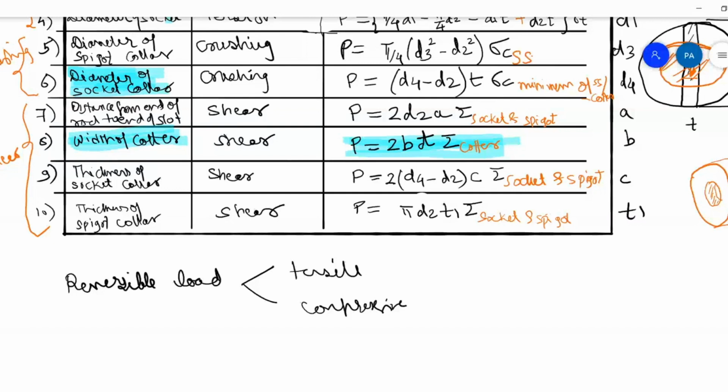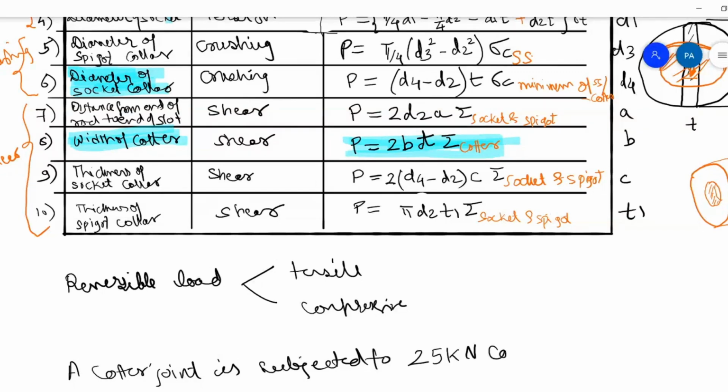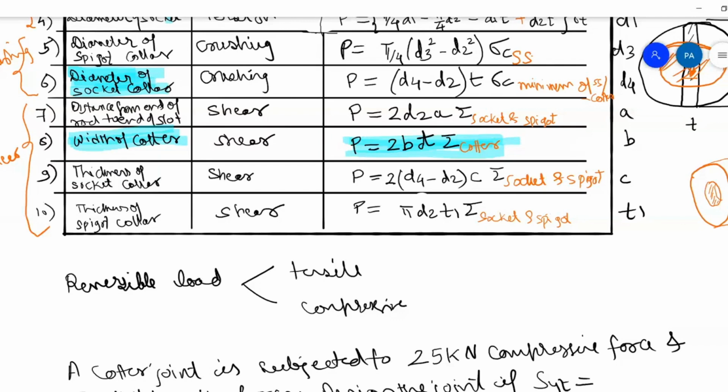Suppose a cotter joint is subjected to 25 kilonewton compressive force and 30 kilonewton tensile force or load. Design the joint if Syt is equal to 300 Newton per mm square.